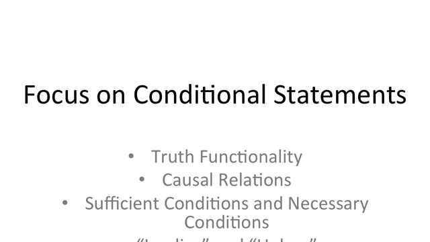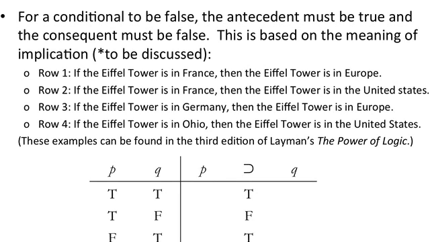Well, it's not so much additional language, but language that is used also to translate an if-then sentence or a sentence that is constituted by the language of sufficiency and necessity into the propositional logic notation that we've learned. So let's go ahead and get started.